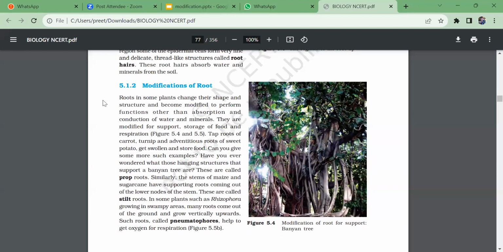Next, let's go to the modification of root. इसके लिए I'm going back to the PPT. So you need to write.